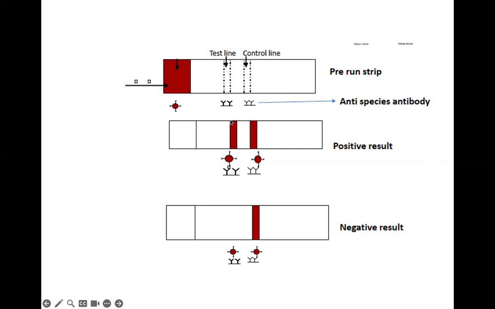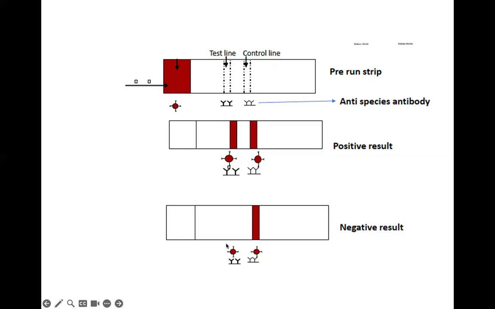So you have a test line occur, okay? And the same conjugate also will interact with the commonly used IgG, IgM antibody, okay? And that's how you get the control line.